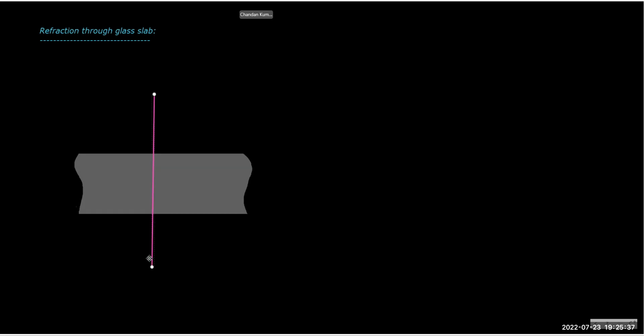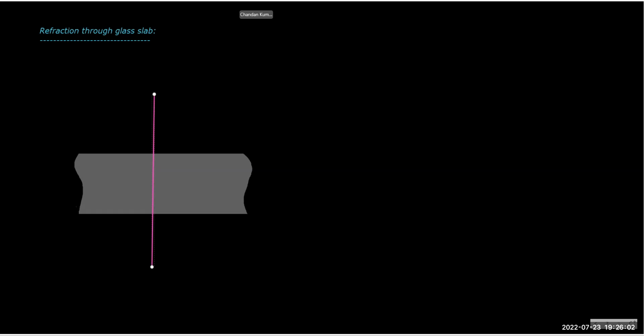So you can see that a slab need not be perfectly like a cuboid or cube or something. A slab only means if I have at least two surfaces which are parallel, my job is done. We can call it a slab if the light ray only refracts from these two surfaces. Okay.